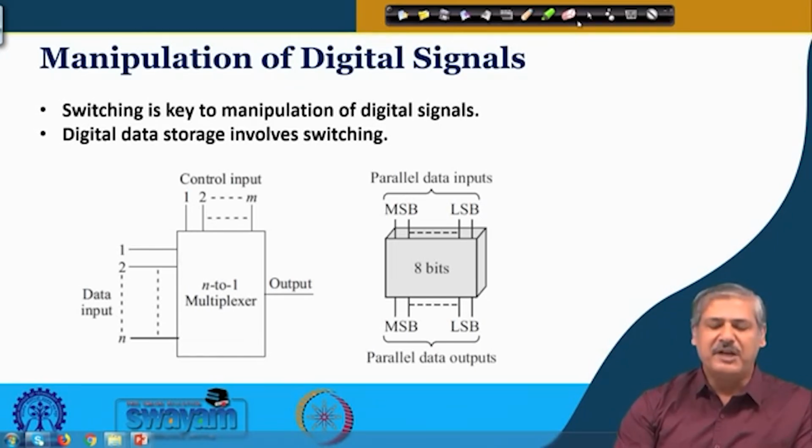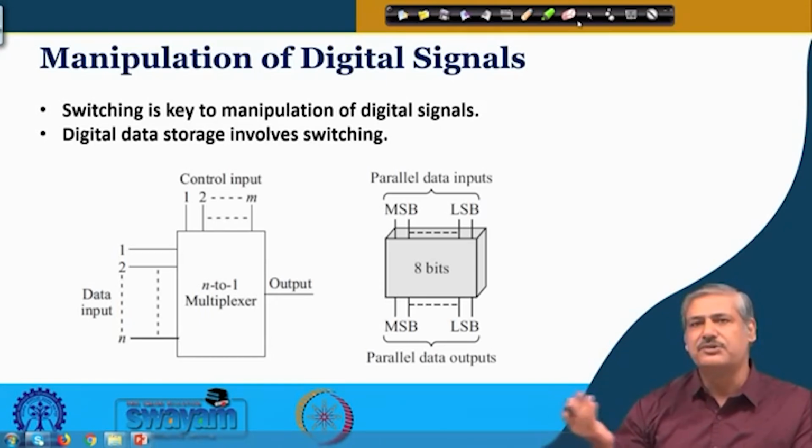By switching, what do I mean, we shall see a little later. It is the kind of switch that we have seen in our household: we switch on a fan, the fan starts rotating, then we switch it off, then it stops. So, it is basically an on-off, binary kind of activity that is associated with switching.